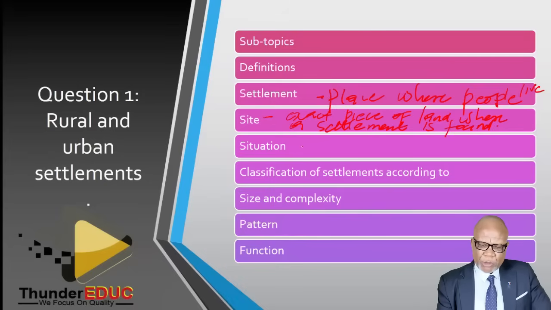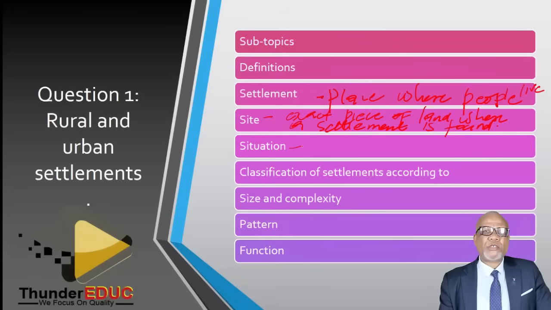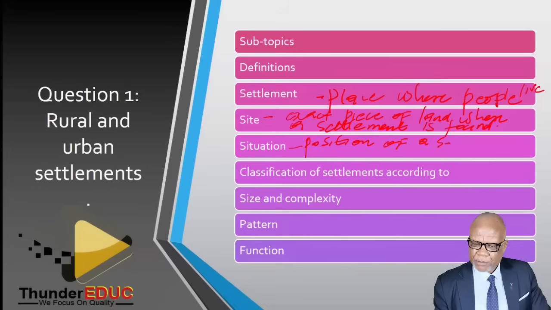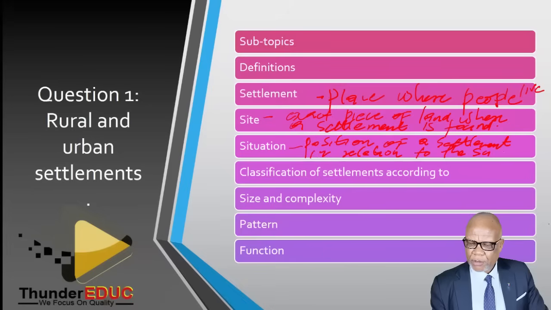And then talking about the situation. What is a situation? A situation simply refers to a position of a settlement in relation to the broader environment. Position of a settlement in relation to the surrounding.